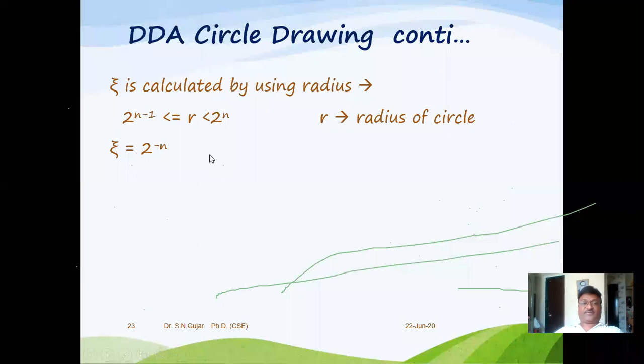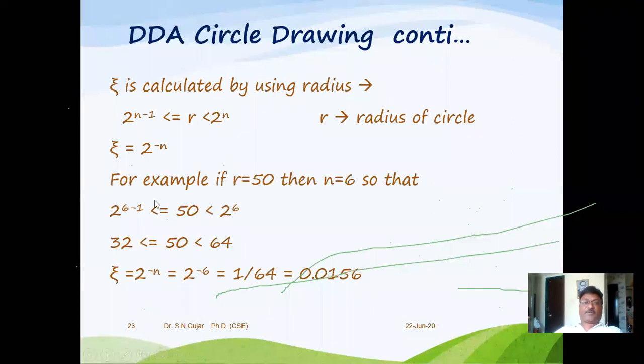Now just see one example that I have already calculated. Suppose for the example the radius R is 50, then the n value is 6. But how? I put the n value by incrementing it by 1, 2, 3, 4. So 2 raised to power 1 is 2.